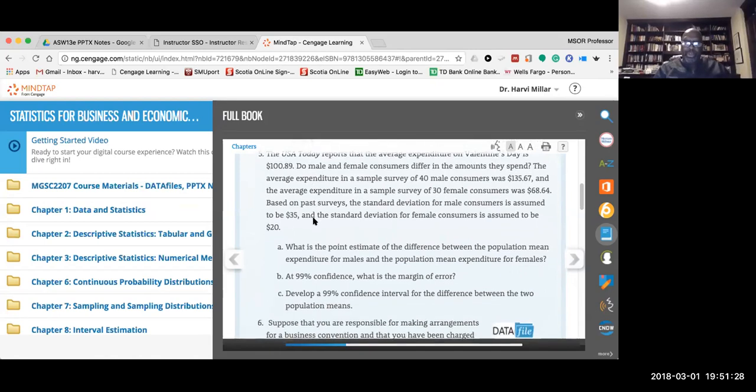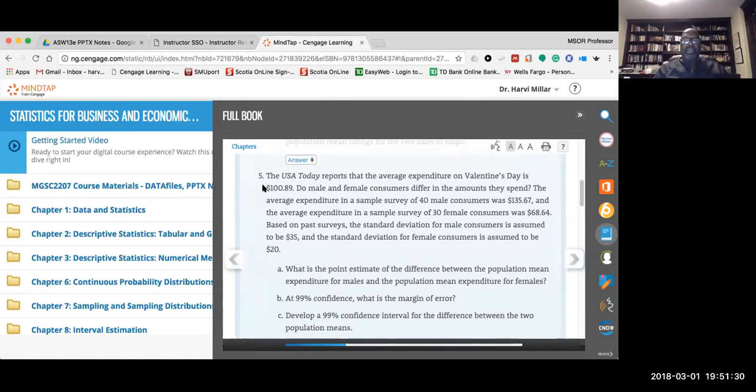So let's go through this a little bit together. This question deals with the case where we are interested in the difference between two population means, but the population standard deviations are known. And again, Callie, to your question about sometimes understanding the mechanics but knowing which formula to choose: in this case, you could have 3 different scenarios where we're looking at the difference between population means.